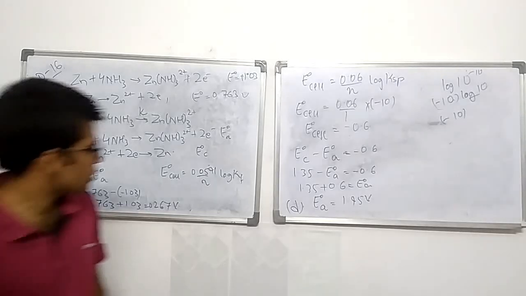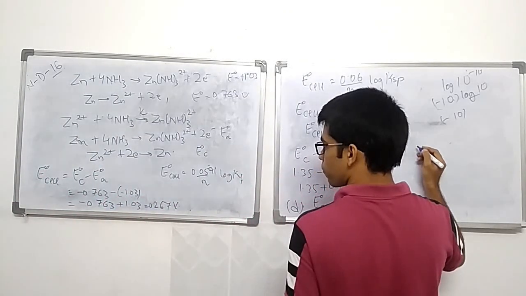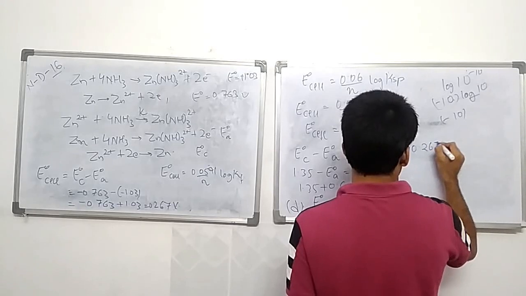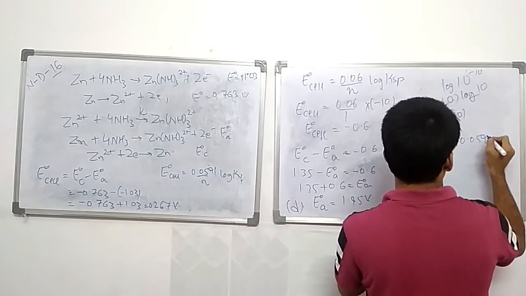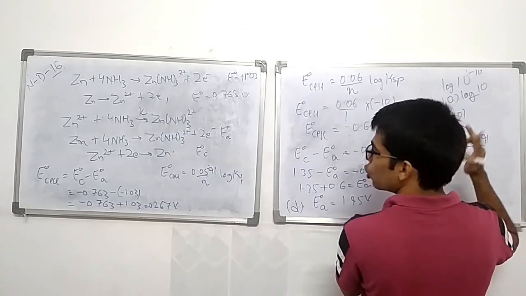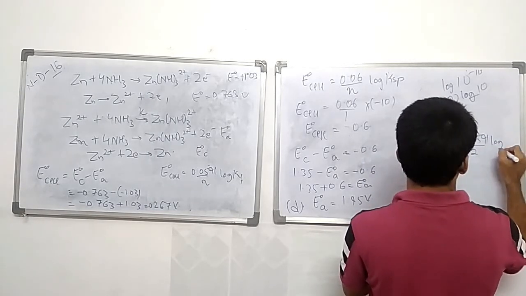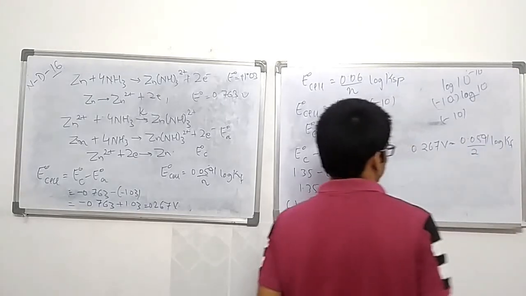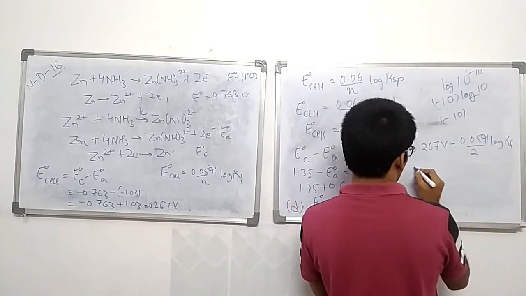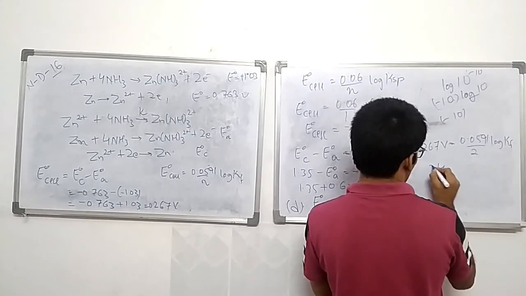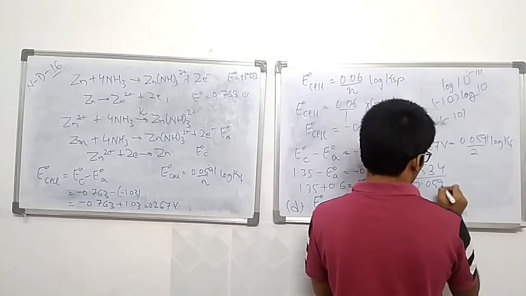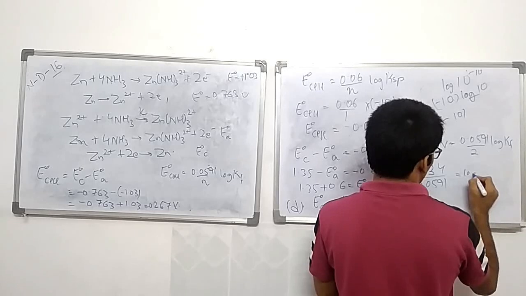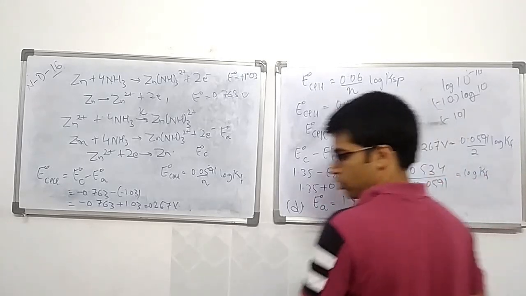So we would get 0.267 volts is equal to 0.0591 upon 2 times log Kf. So if I take this here, I will get 2 times 0.267, which is 0.534, upon 0.0591. This would give me log Kf.